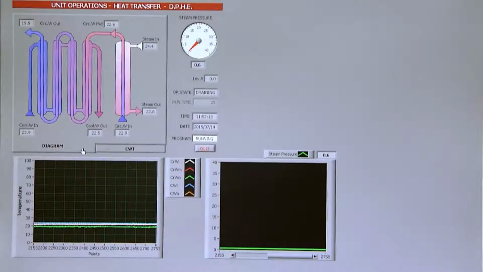As you are aware, our system is connected to a computer that provides data recording and data display.